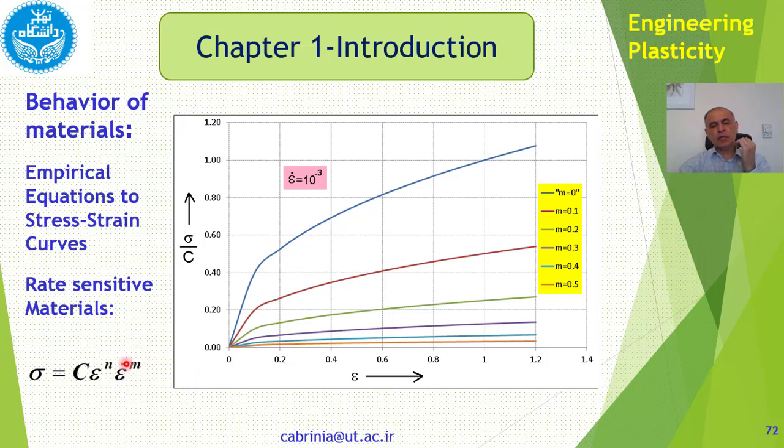These are just for rate sensitive materials, because if the material is not rate sensitive, it means that its response to the strain rate is small, so it's not sensitive to the rate, so we don't need to consider this, which for most materials at normal conditions we don't use.